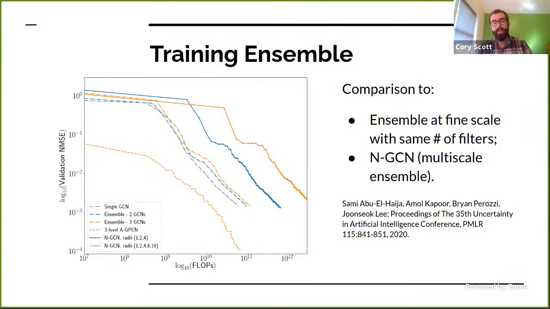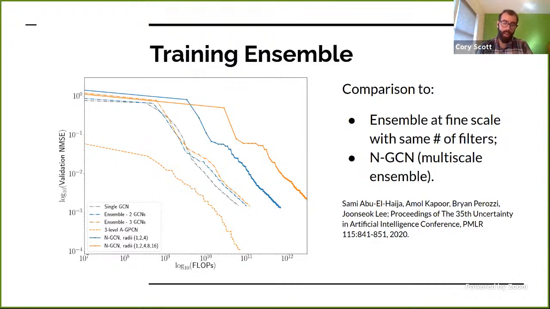And then there's another multiscale ensemble method called NGCN, which I won't get into the details for lack of time, but that approach basically aggregates information from larger and larger areas in the graph. So it's doing a very similar thing, but at larger computational cost. What we see in this chart is that our method's validation error decreases much faster as a function of how many flops we spend training the model.